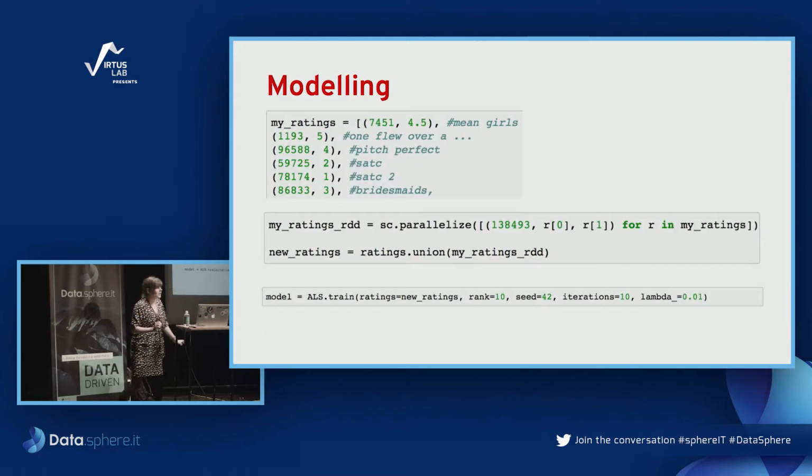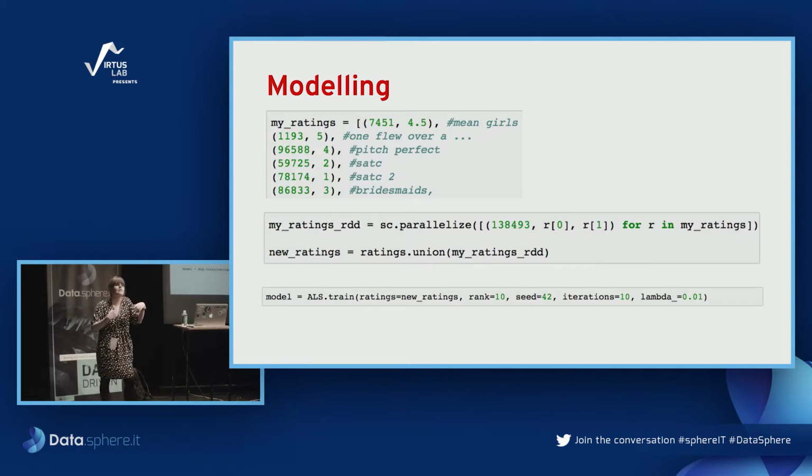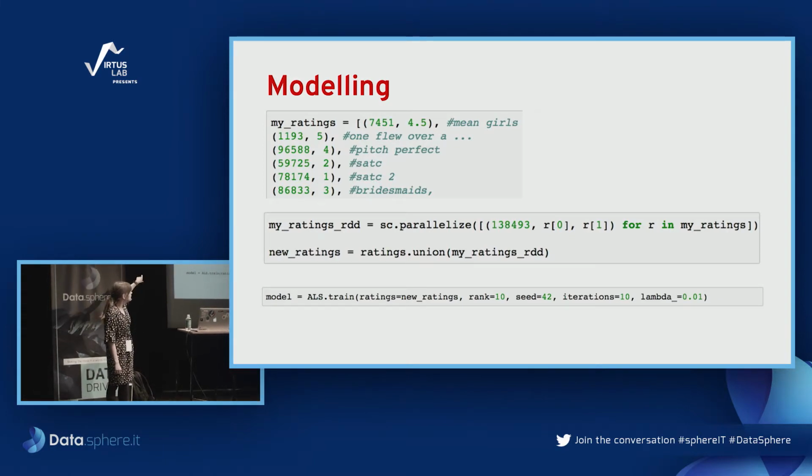So to begin with, I'm just going to rate some films. I've rated all of the classics. What we see there is the film ID and then the rating that I have given those films. They're stored in a Python list in that first box. And the first thing I do in box number 2 is turn them into an RDD. I also add my user ID, which is 138,493.